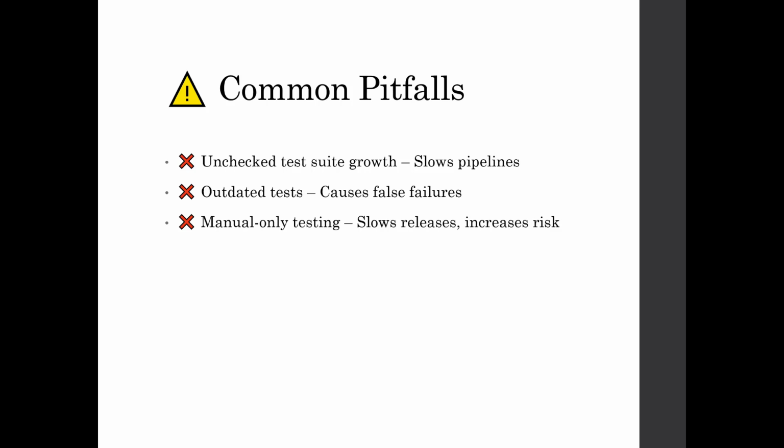We don't want our old tests hanging out in there, which can lead to false failures and wasted debugging time. And then we certainly don't want to rely only on manual testing. That slows your release process down and increases risk because we're relying on humans. And if people are skipping tests, you won't know until all of a sudden you have a lot of user reports or your logs are lighting up because your app isn't working.